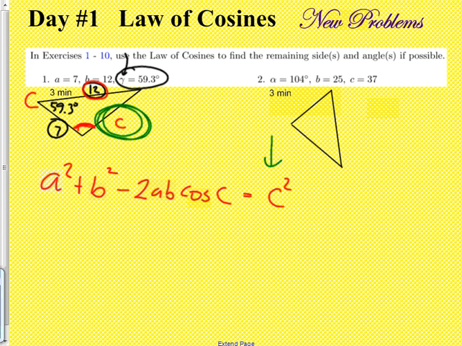In right triangles, C had to always be the longest side. With law of cosines, C should be the side or angle that you want to find. So the way we've got it set up, we may as well find this first. And once we've got that, we'll have a side going with its angle, and then law of sines would be way easier at the end.